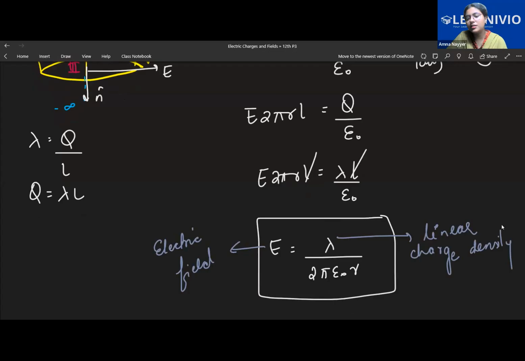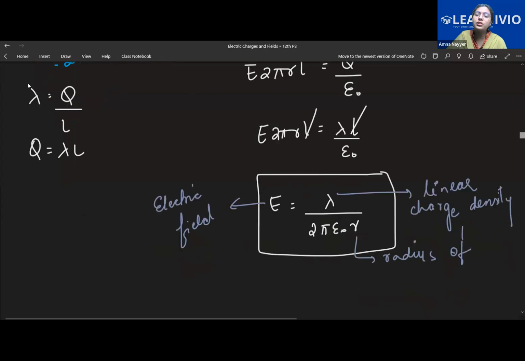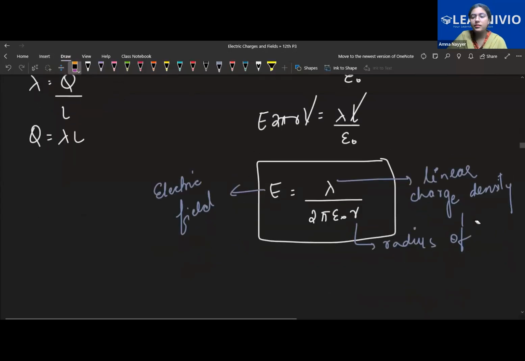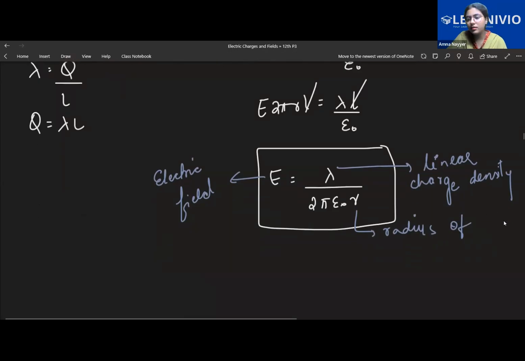R is the radius of your Gaussian surface. This is not another surface; this is your radius of the Gaussian surface, and here your Gaussian surface is a cylinder.